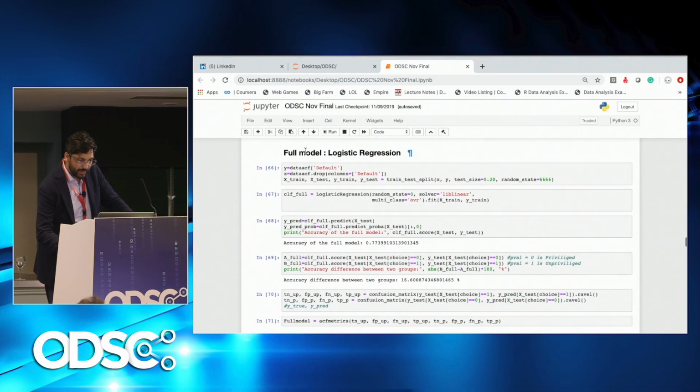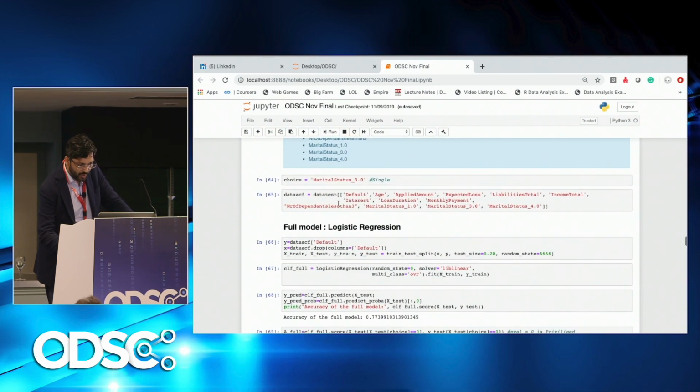How do we do that? I make a full logistic regression model: I take the entire data set, without considering what is sensitive and what is non-sensitive, take all the features, and make a logistic regression.